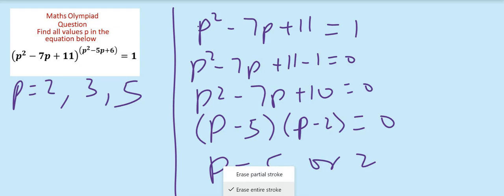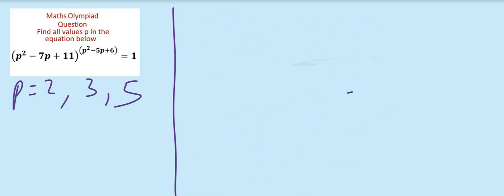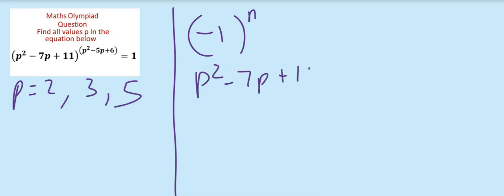The last part of my explanation of the earlier fact stated: I said I can also have minus 1 to the power of n, where n must be even. Now, in order to get this, I need to bring out the base, p squared minus 7p plus 11, equated to minus 1. The base must be negative 1. So if it is negative 1, what are the values of p that give us even power?